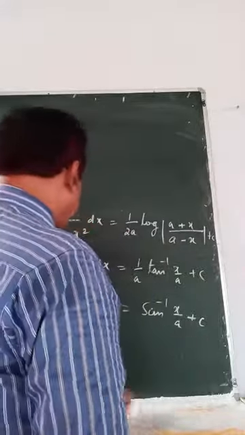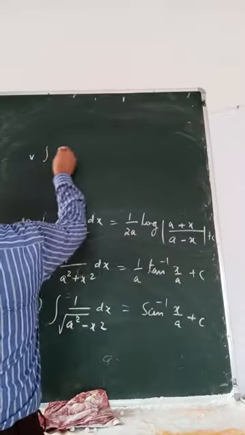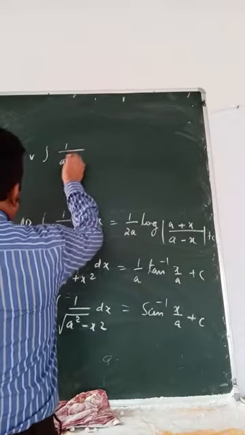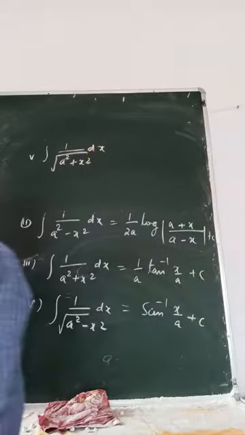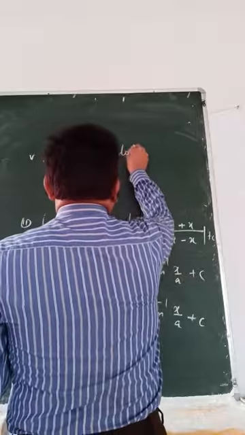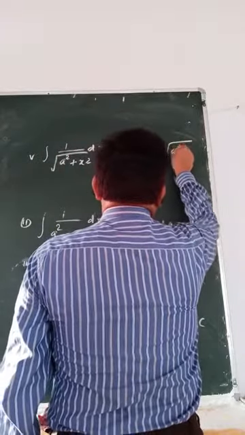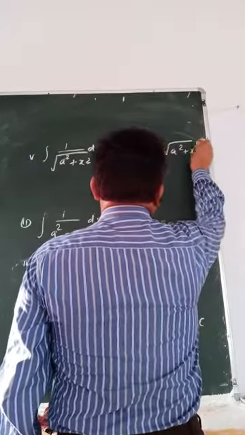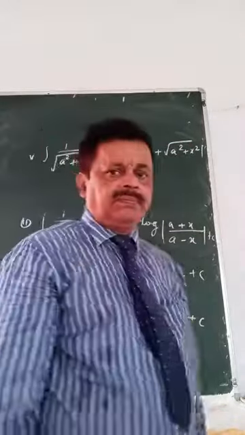Okay. 1 by square root of a square plus x square. What do you get? Log x plus root over of a square plus x square, plus c you can write at the last.